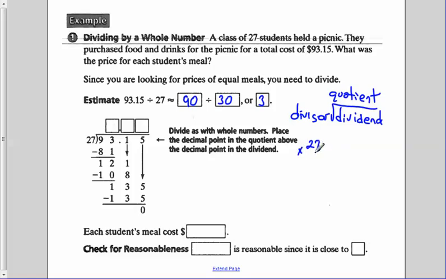So 27 times 3, well, 3 times 7 is 21, carry the 2. 3 times 2 is 6, plus 2 is 8. So this is our number up here. And this is also a good idea when we do our estimate. Our whole number should start with what our guess is going to be. So 27 goes into 93 3 times, which gives us 81.